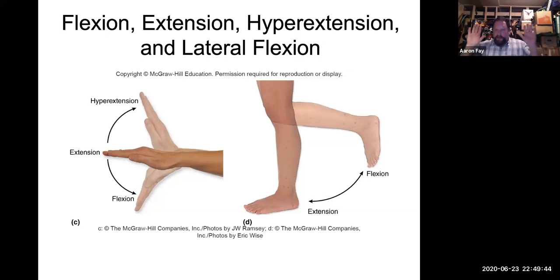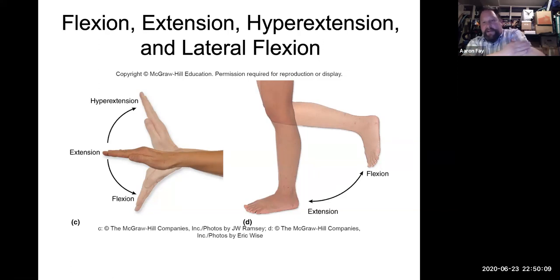Another way of thinking of it is to think of this as a protractor. In your elbow, since your elbows bend in this plane, in this direction, they bend forward, the protractor goes in this direction. You can't bend your elbows backwards, your elbows don't work that way unless it's a really bad day.